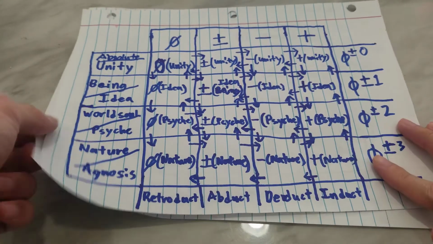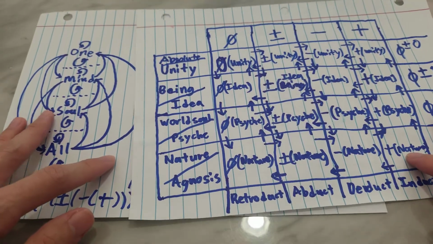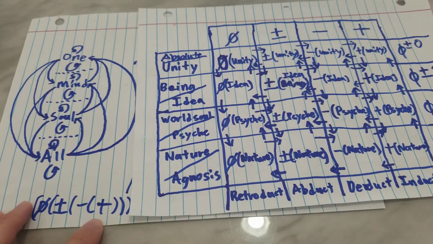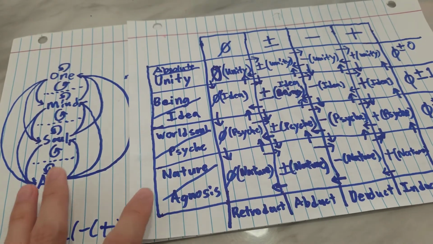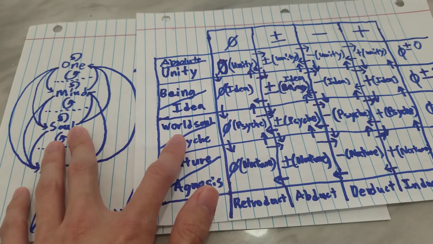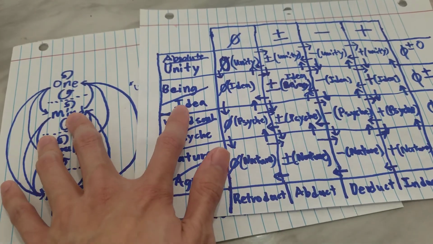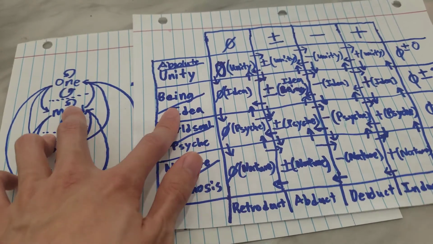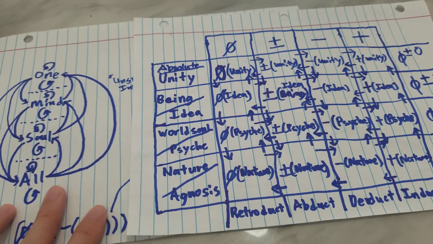Okay, so I just moved on to this page for now. I could just leave it like this. So all: nature, agnosis; soul, world soul, or psyche; mind as being or idea, the Platonic form; and the one as absolute or unity.